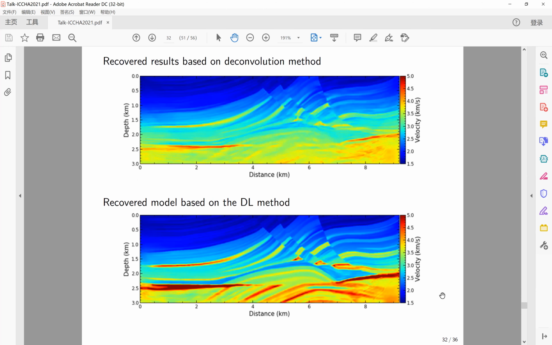These are the results from our transformed data. The top one is from the deconvolution method, and the bottom one is from our deep learning method. We can see a big difference. We get a better conditioned problem, and we can apply a classical approach and obtain satisfactory results.